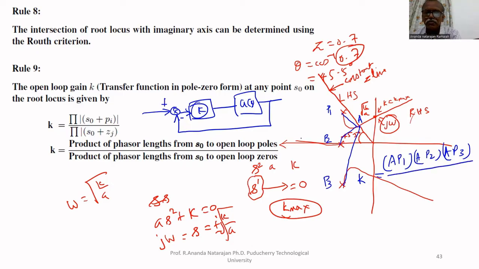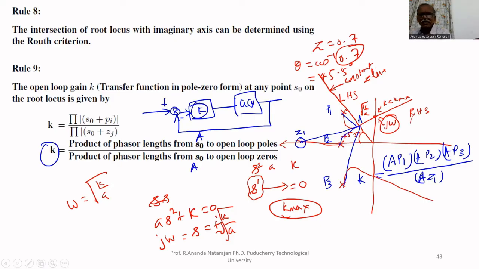Divided by, suppose we are having a zero here, let it be Z1. So from A to Z1 also we have to draw a line, let it be AZ1. Divide by AZ1. This is the value of K. That is, K equals the product of phasor lengths from A to open loop poles divided by the product of phasor lengths from A to open loop zeros.